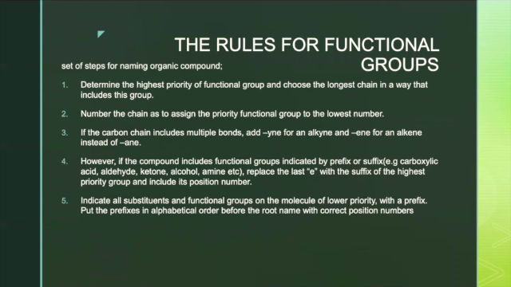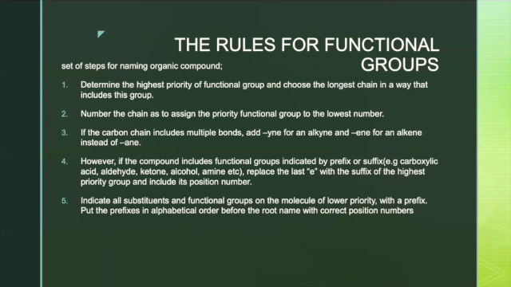Now that the functional groups and their substituents have been observed, we can apply a simple modified rule to name all compounds. In step 1, first find the highest priority functional group. Determine and name the longest continuous carbon chain that includes this group. In step 2, number the chain so that the highest priority functional group is assigned the lower number.